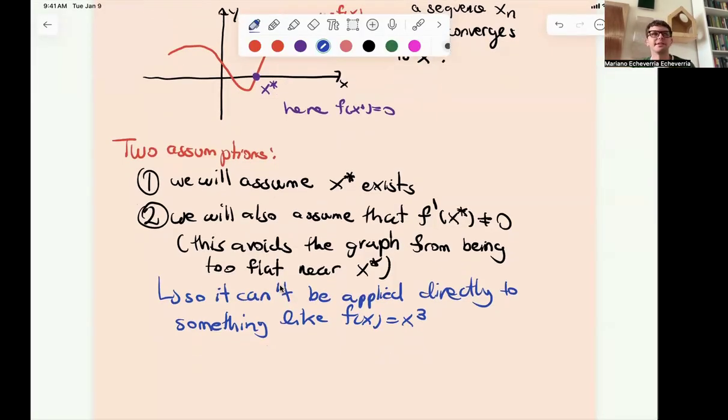Well, the reason why we're doing this method may not seem super exciting, because it seems to have more extra assumptions. The reason why we're doing it, which I'll tell you about a bit later once we set it up, is that if it works, it can converge faster than the previous methods.